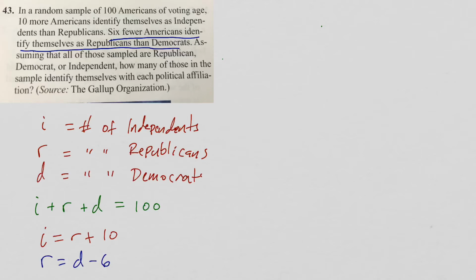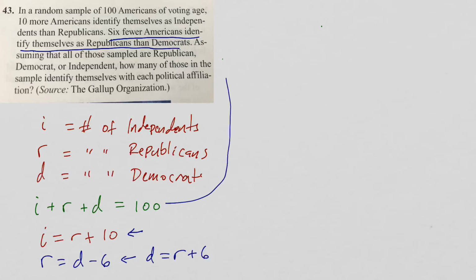All right. Now, let's use substitution. I is in terms of R. Let's make D in terms of R. So this will tell me that D is equal to R plus 6.